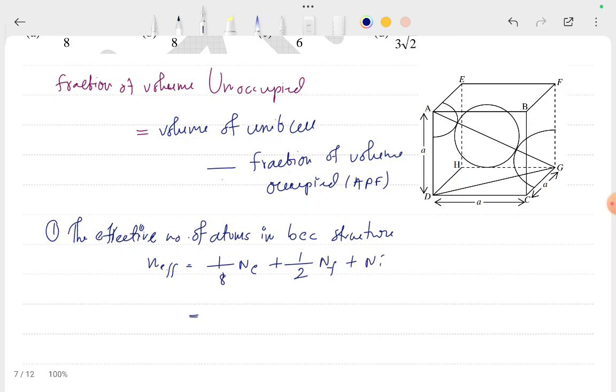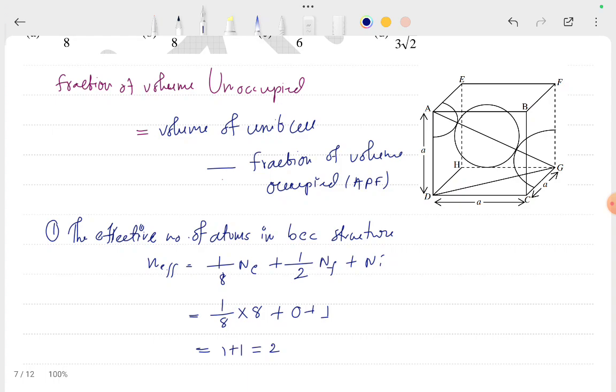For BCC crystals, there is only one atom at the body center position and no atoms on the faces. So 1/8 times 8 plus 0 plus 1, we get 1 plus 1, so 2. We already calculated the effective number of atoms in the BCC structure.